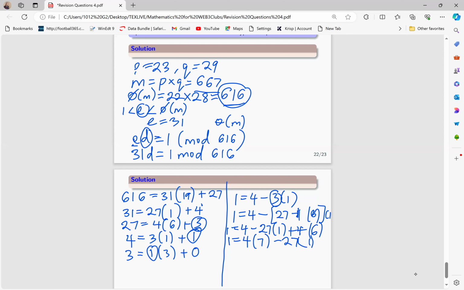And then we substitute this 4, which is here. We're going to get 1 is equal to (31 minus 27 times 1) multiplied by 7 minus 27 times 1.